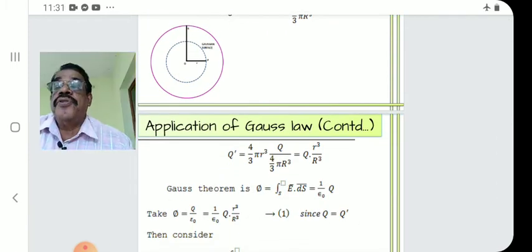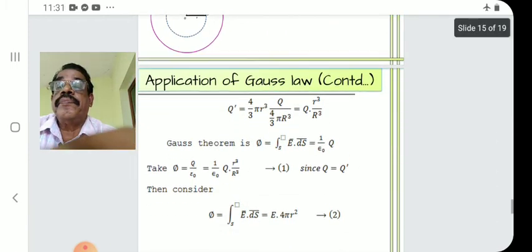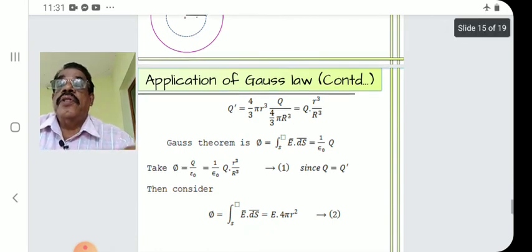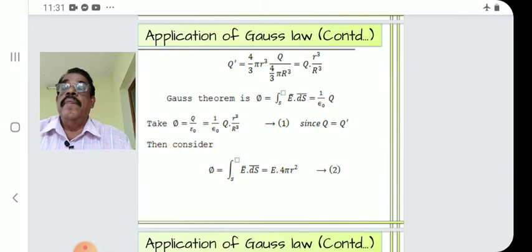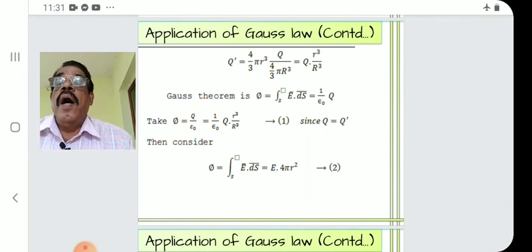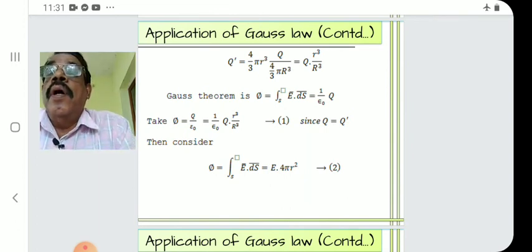So we write the Gauss theorem. q dash is equal to its volume, 4 by 3 pi r cubed, into rho.